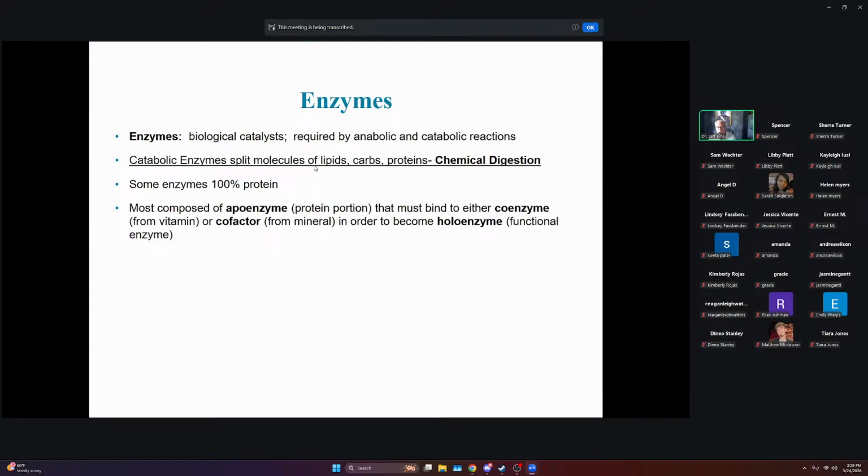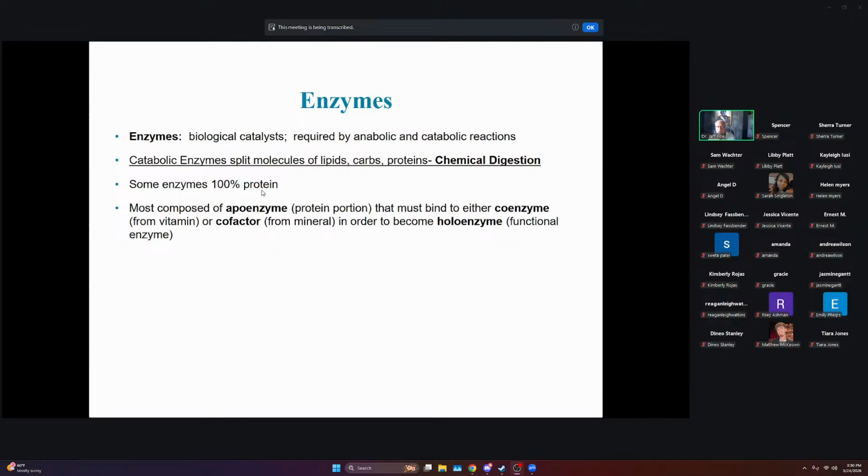So we already know this underlying statement should be a real easy test question for you, that catabolic enzymes, catabolism, breaking molecules down, breaking lipids, carbohydrates, and proteins, those macromolecules down into monomers, is called chemical digestion. We talked about that all last week. None of you will get that one wrong on the test, I hope. Okay?